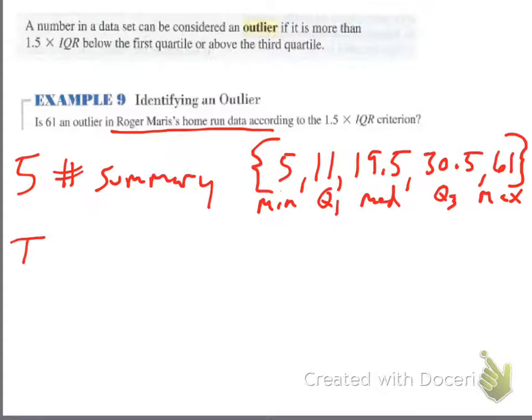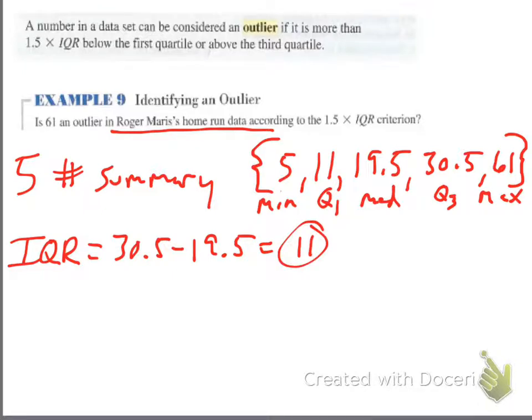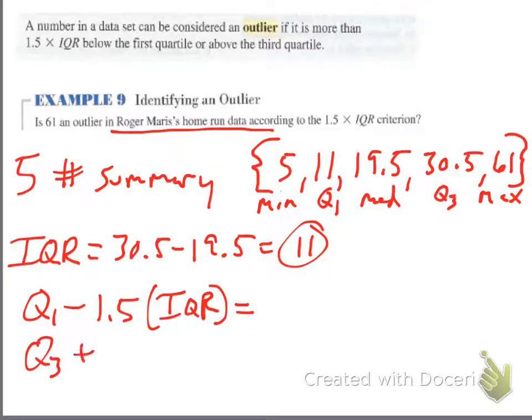So your interquartile range is 30.5 minus 19.5, which is 11. Now, here's the thing. When we do this, we have to set up the range of values that establish where the outlier could be. If I do Q1 minus 1.5 times the IQR, that'll set the lower bound. If I do Q3 plus 1.5 times IQR, that'll set the upper bound.